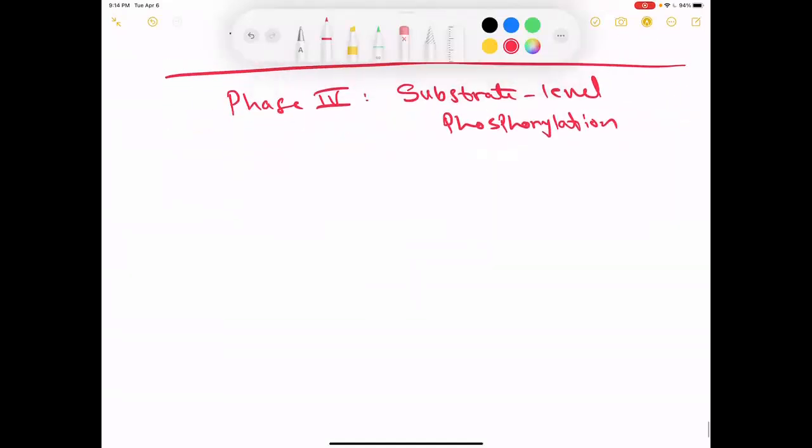Before I continue, I said substrate level is this. The concept in general is you have an enzyme. I said E for enzyme. You have the substrate, one more time, which is the target of that enzyme. And you have adenosine diphosphate.